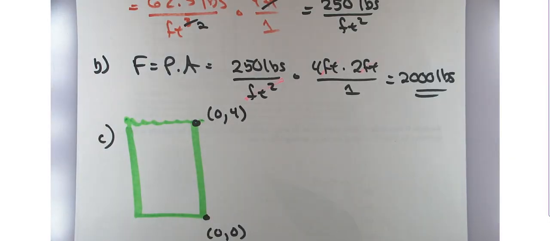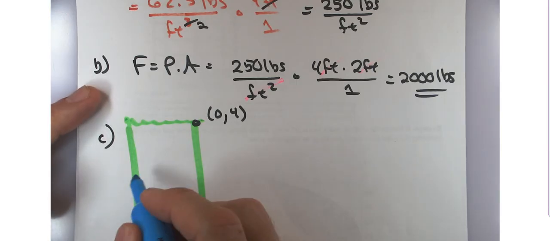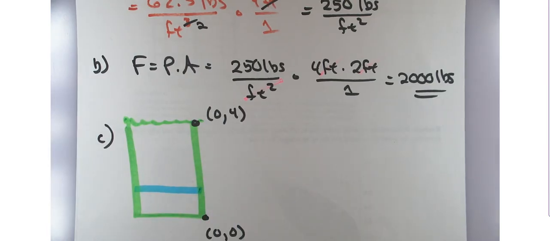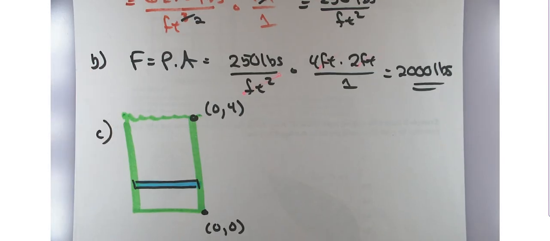Let's take a look at the height of a slice. We're going to take a slice parallel to the bottom. And we're going to see how much force is on that one slice. What's the thickness of this slice? dy.